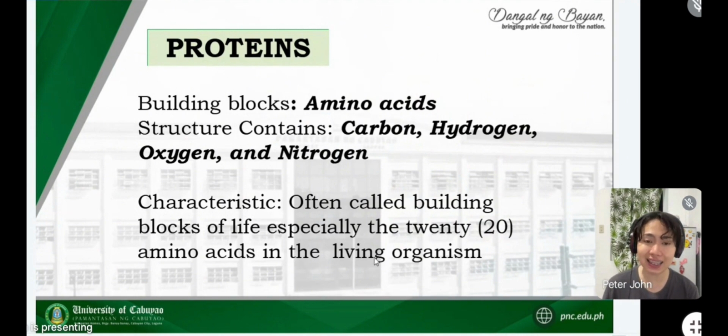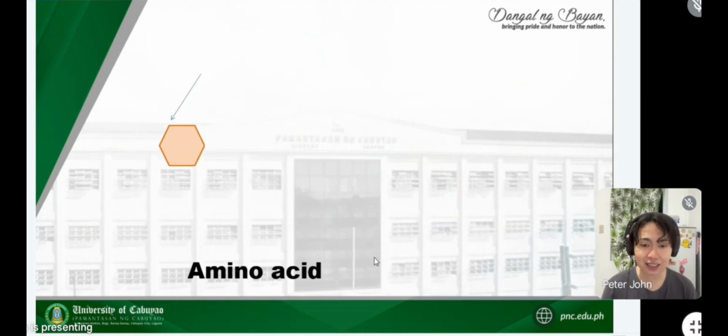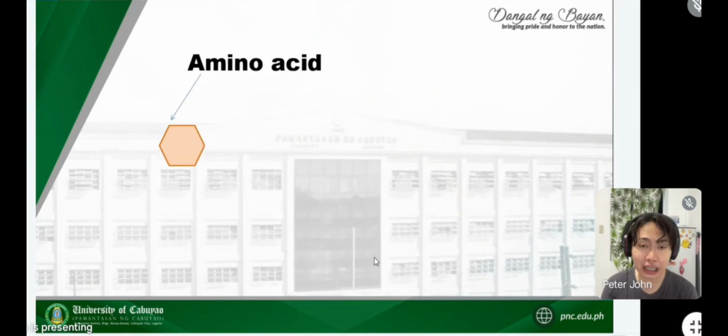And take note class, protein is the most diverse macromolecules sa katawan natin. Ulit po, protein is the most diverse form of macromolecules in our body. But this macromolecules, protein, is further subdivided into various ways. Pwede natin siya i-categorize based on essentiality, or it could be based on its shape, and so on and so forth.